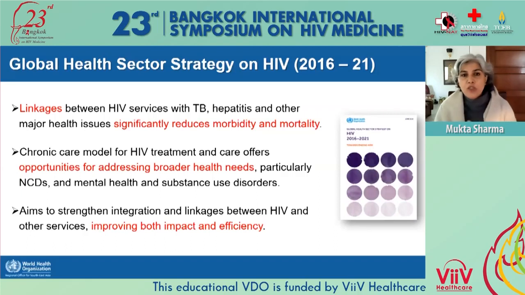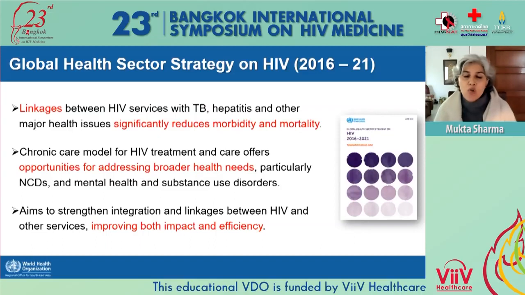When WHO developed the Global Health Sector Strategy on HIV in 2016 to 2021, for the first time we said that it's clear that if you link HIV with other services, such as TB, with hepatitis, and other issues which are very, very important, STIs, mental health, then we're seeing reduced morbidity and mortality.